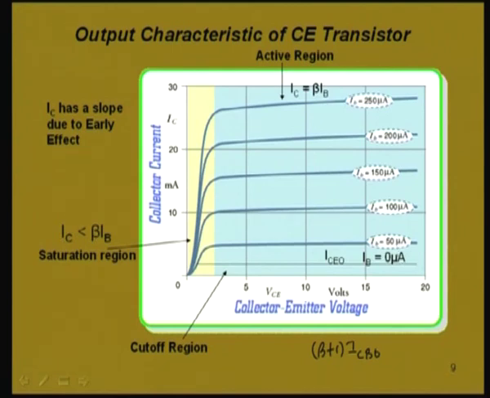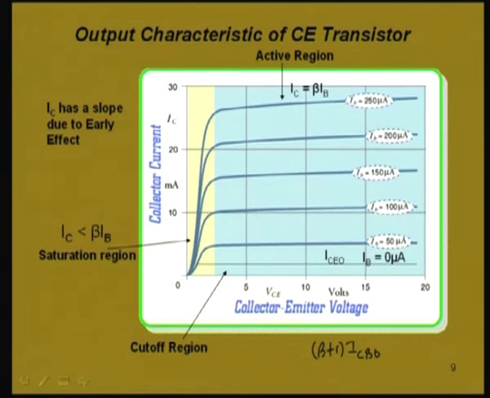Now, if we go on increasing the IB current, we will get the IC current, and IC and IB have a relation which is beta times IB if we ignore the leakage part, because this region is called the active region, when the base emitter junction is forward biased and the collector emitter junction is reverse biased.